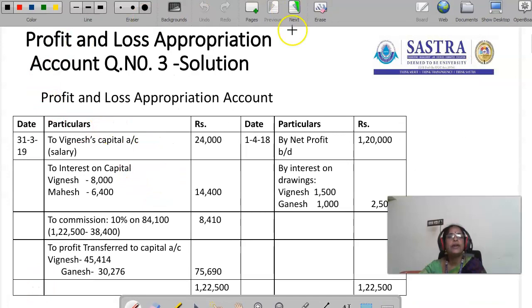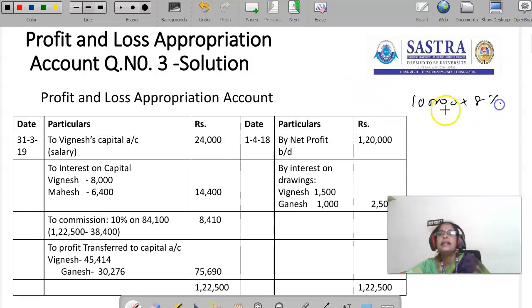This is the solution for question number 3. What is the information given in the problem? There are two partners, Vignesh and Ganesh. Vignesh salary 24,000 per annum, so that should be debited here. Then net profit before adjustment 1,20,000. Then interest on capital. Vignesh is 8% on 1 lakh rupees, that is equal to 8,000 rupees.